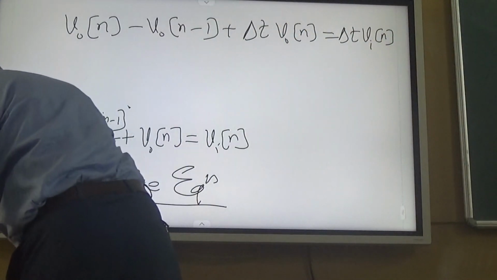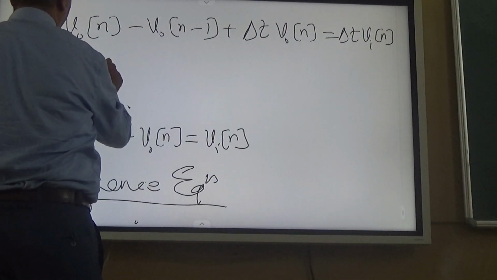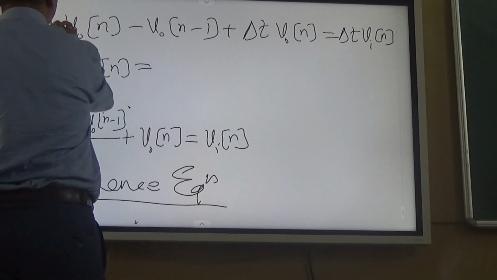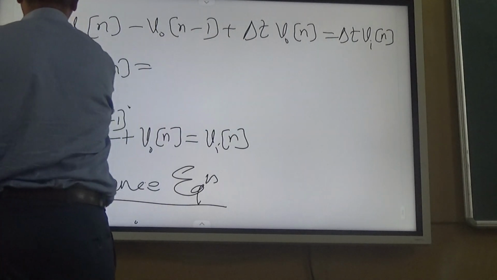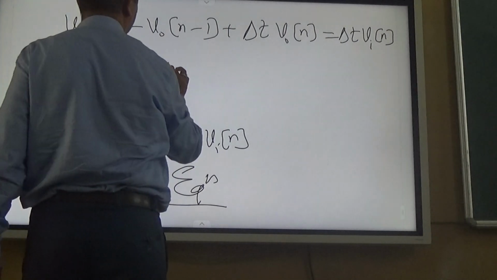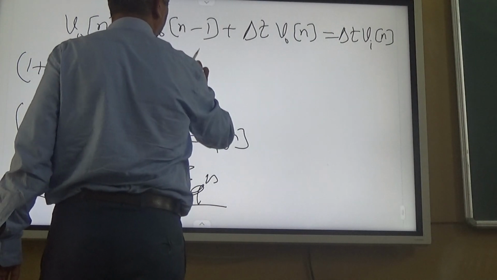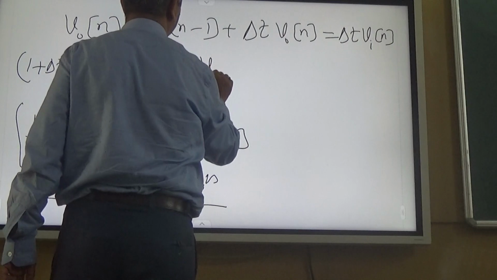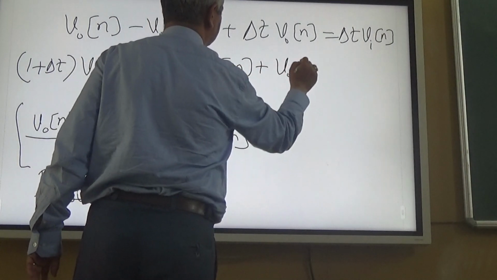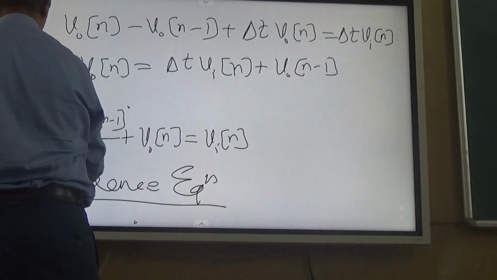So we have got VON is equal to, this is 1 and this is delta T. So 1 plus delta T VON is equal to delta T VIN plus VON minus 1. Is it right?